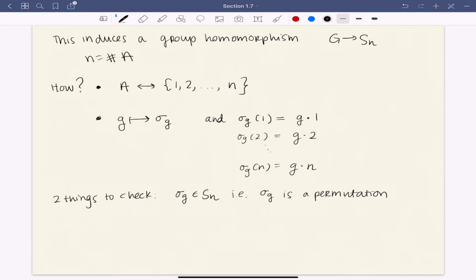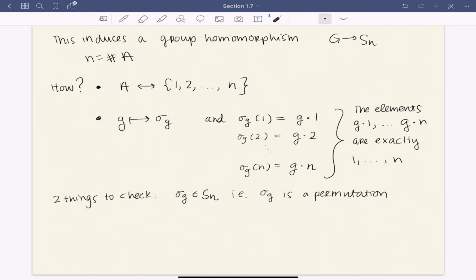And to make sure that sigma_g is a permutation, it's enough to show that the elements g dot 1 up to g dot n are exactly 1 through n in some order, so that every number from 1 through n appears here and appears only once.